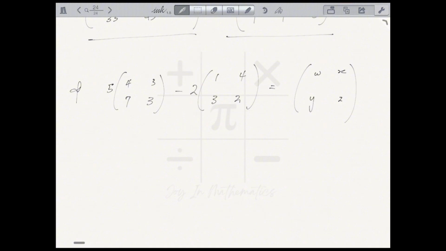So let's begin with the scalar multiplication. This will give us 20, 15, 35 and 15, because we're using 5 to multiply all the corresponding terms, minus this, which will result into 2, 8, 6 and 4.